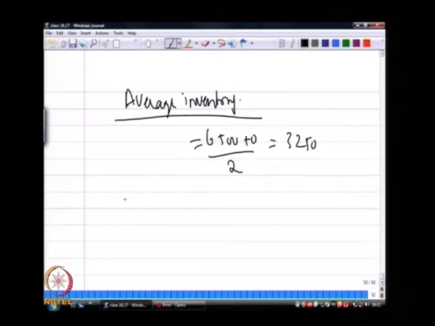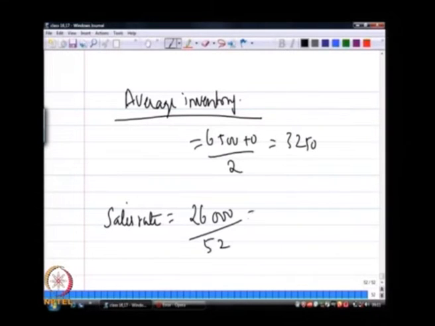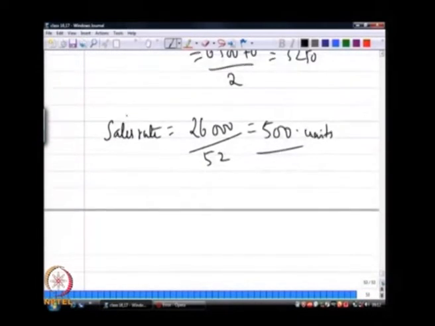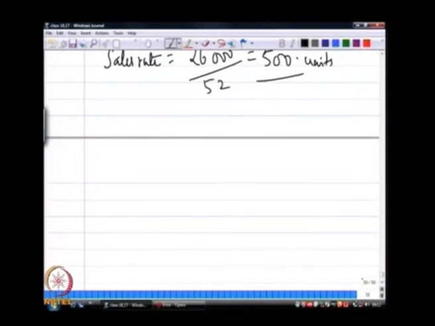Now, let us say the sales is also uniform, which means if I need to calculate the sales rate, then for a year which has 52 weeks, I would be selling around 500 units every week. This is another data point.